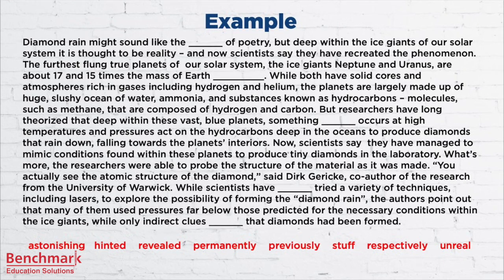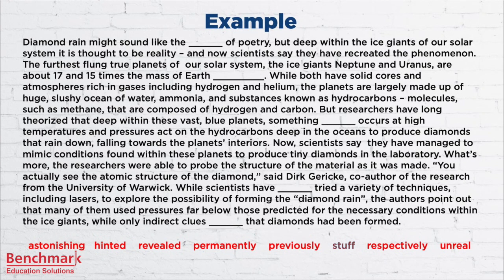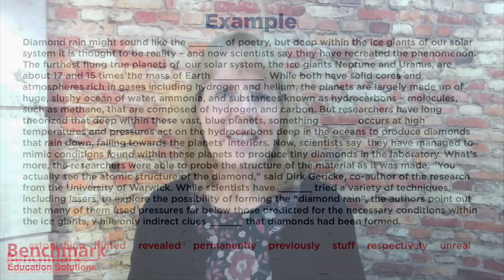From this list, we can see 2 adjectives, astonishing and unreal, 2 verbs in the past participle form, hinted and revealed, 3 adverbs, permanently, previously, and respectively, and 1 noun, stuff. This is helpful to keep in mind when we look at the gaps.